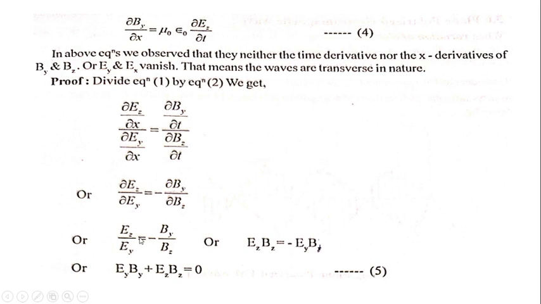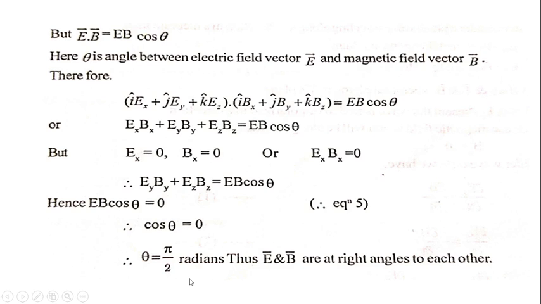So Ez upon Ey equal to minus By upon Bz, or Ez Bz equal to minus Ey By, or Ey By plus Ez Bz equal to 0. But E bar dot B bar equal to EB cos of theta, and here theta is the angle between electric field vector E bar and magnetic field vector B bar.